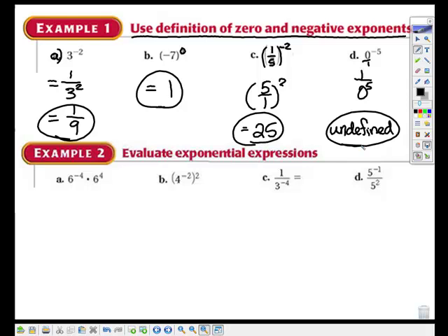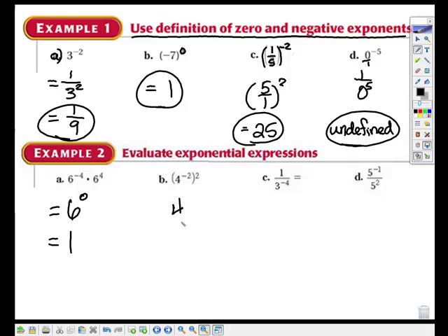Welcome back. To do A here, we have 6 to the negative 4th power times 6 to the positive 4th power. We should know we need to add those exponents if we're multiplying the same base together. The negative 4 and the positive 4 make 0, so 6 to the 0th power will equal 1. If we go to the next one, we are raising a power to a power. We should know we'll multiply.